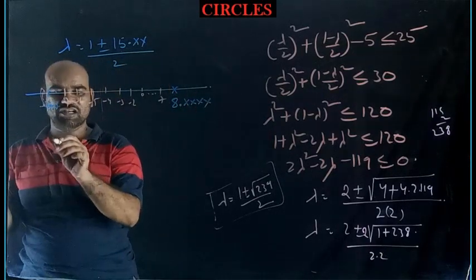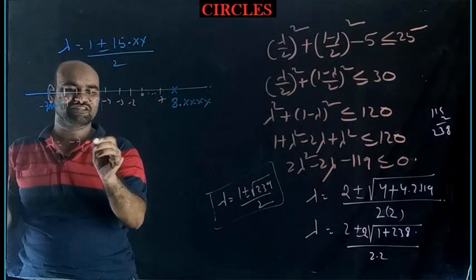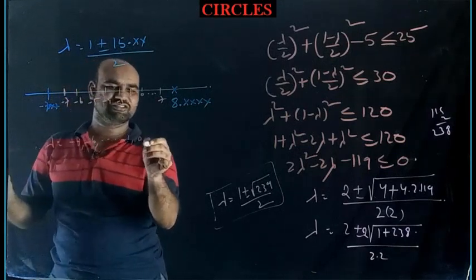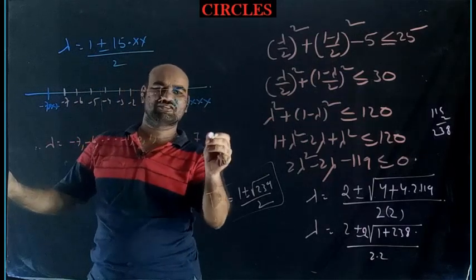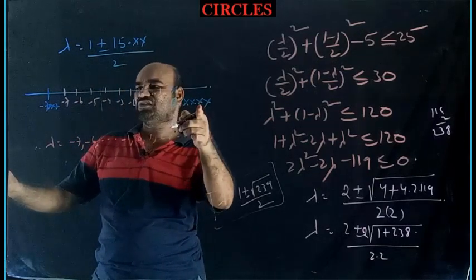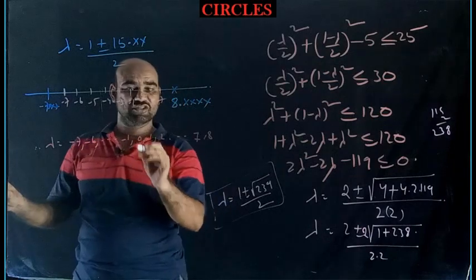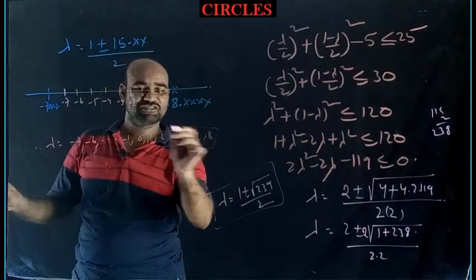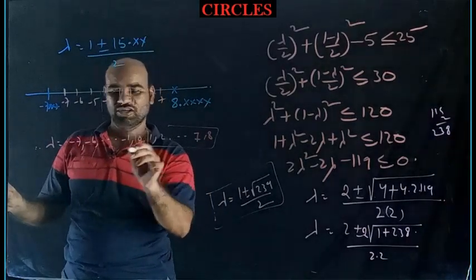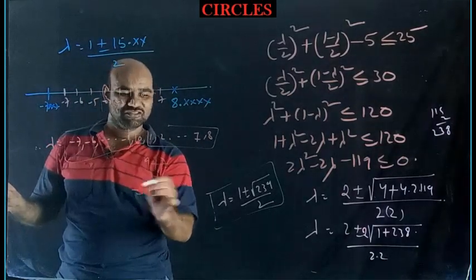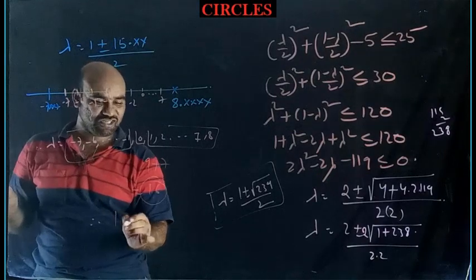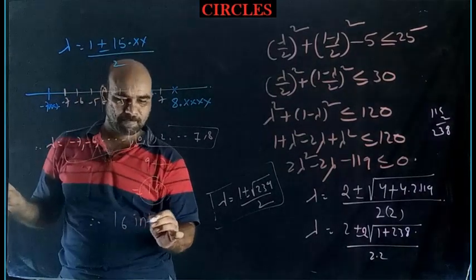So lambda equal to minus 7, minus 6, and so on, minus 1, 0, 1, 2, and so on to 8. 8 also can be taken, since it is 8 point something. From 0 to 8 is 9, from minus 7 to minus 1 is 7, total 16. Therefore, 16 integral values exist for lambda.